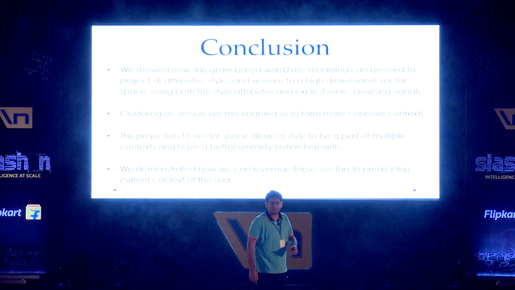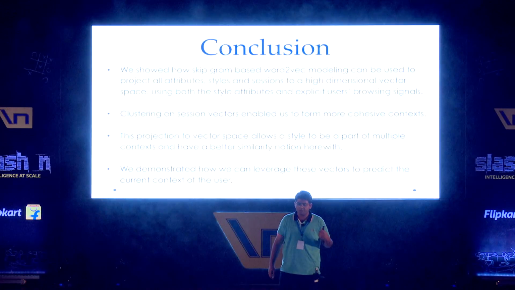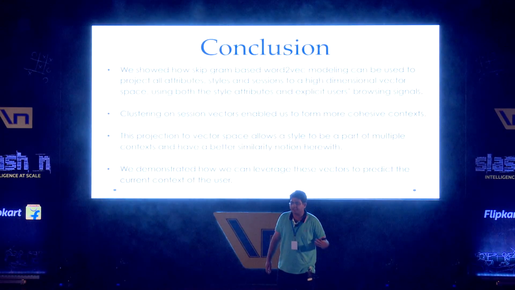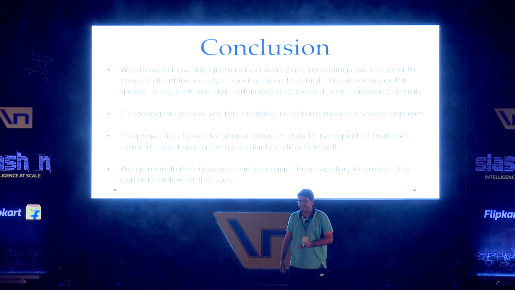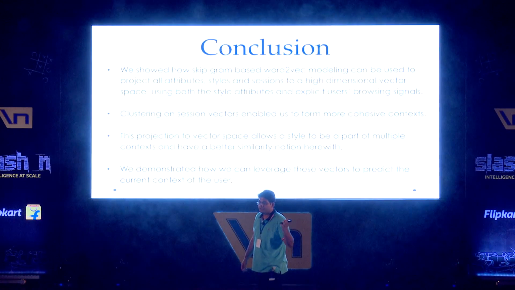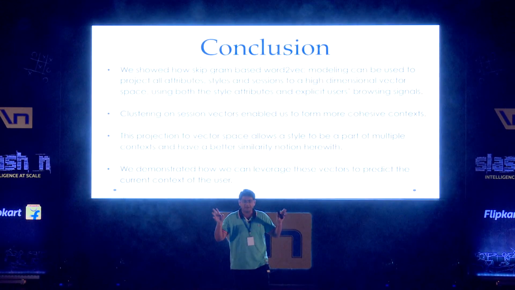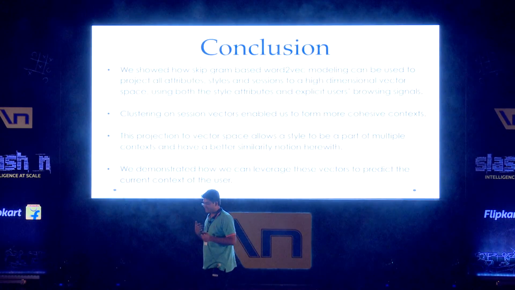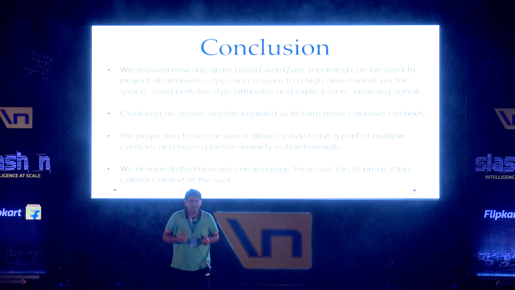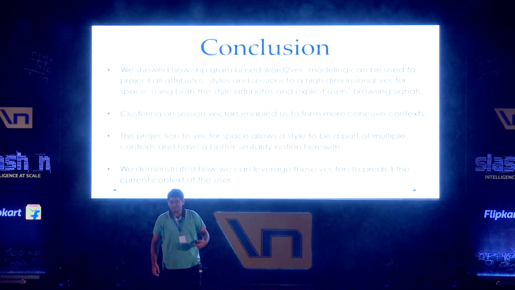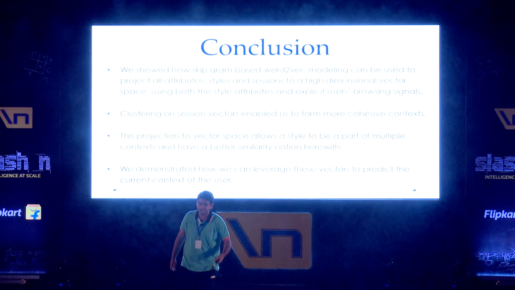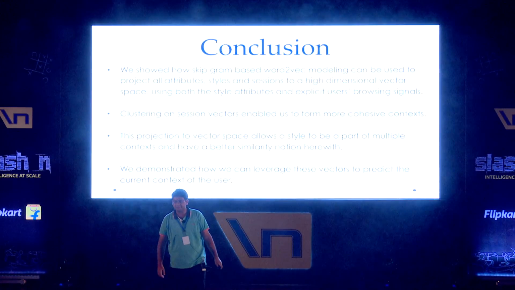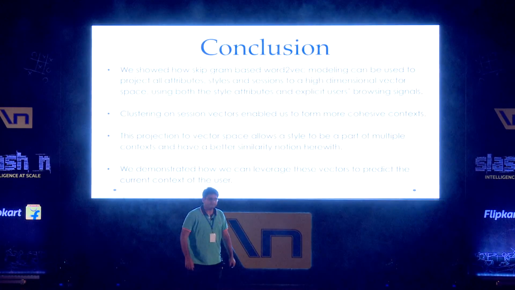Just concluding what we have discussed, we tried using word2vec to embed each of our attributes, styles, and sessions into a higher dimensional space, where we can take dot products and find out how similarity works. We also demonstrated how you can use them in your personalization or search algorithms. So that's it. Thank you.